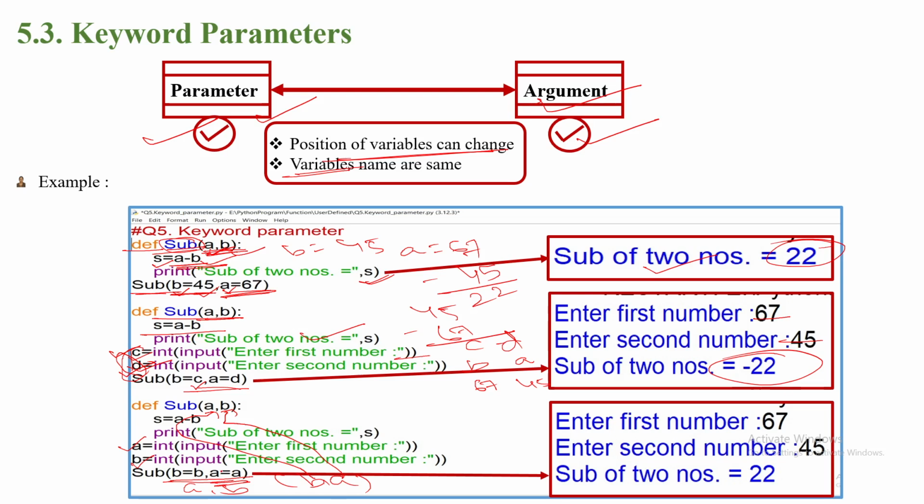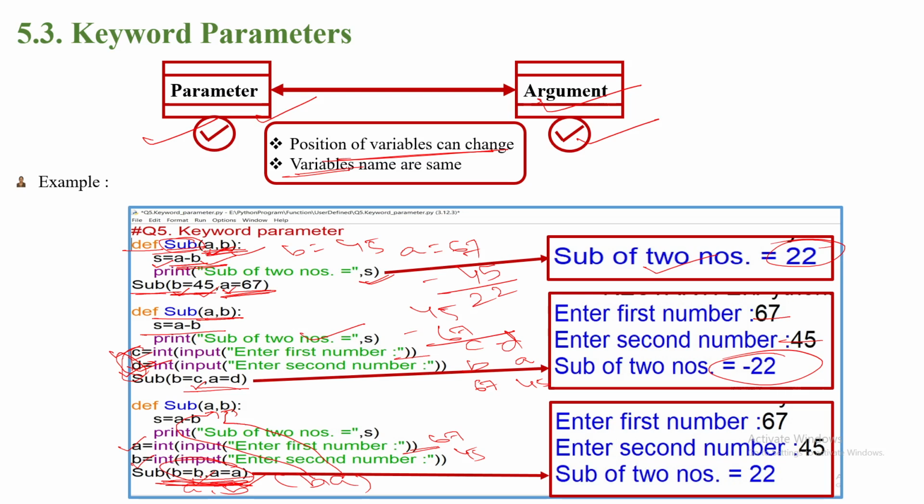It will not take it as a keyword parameter. That is why in keyword parameters we need to tell in the argument place which value we are taking. So b equal to b I have taken, a equal to a. That's why if I change the position of the variable, the output will still be the same. Here the input command takes a first, so the a value is 67, the b value is 45, right?